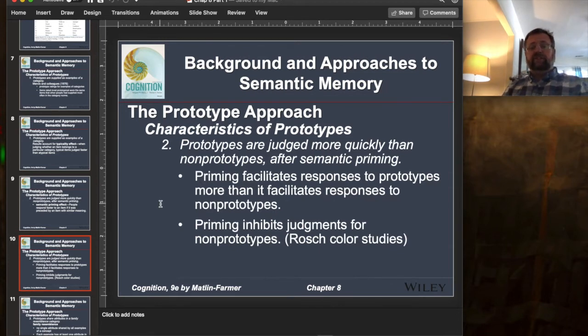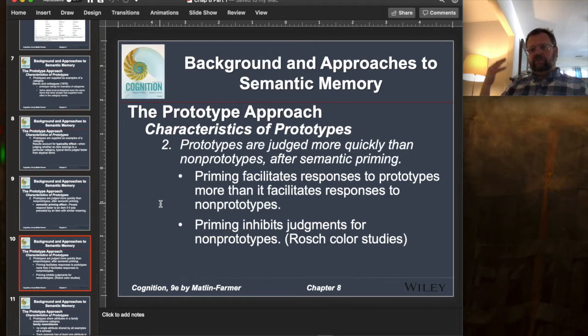Priming also facilitates responses to prototypes more often than it facilitates responses to non-prototypes. So prototypes tend to come to mind faster when someone is primed, rather than things that are non-prototypical for a particular category. And priming tends to inhibit judgments associated with non-prototypes.